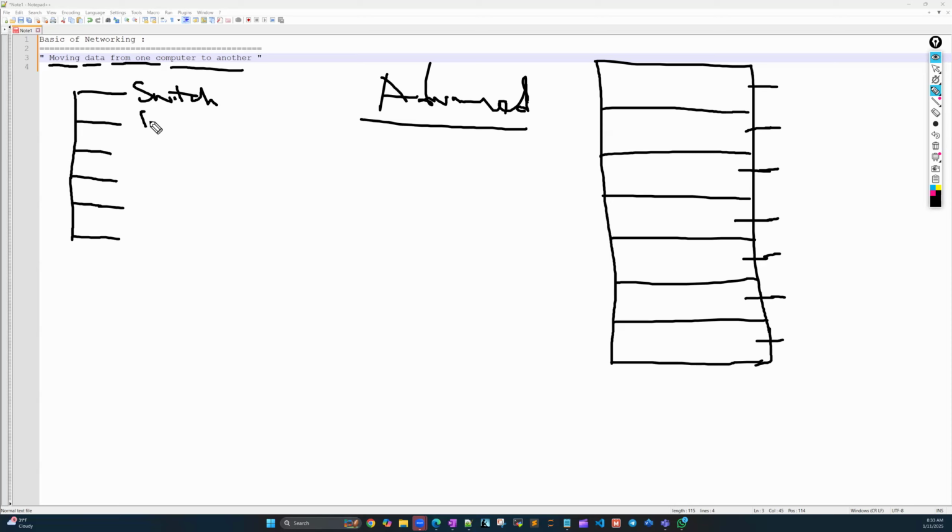We have router, we have firewall, we have wireless Wi-Fi, we have server, we have some others like workstation.